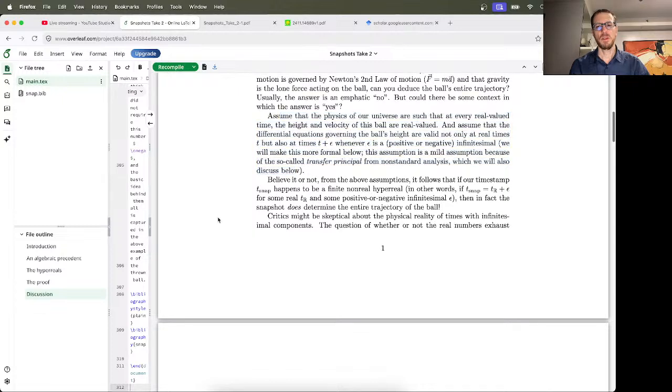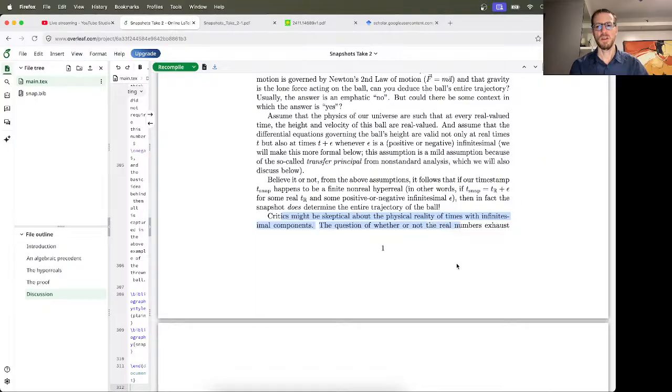Believe it or not, from the above assumptions, it follows that if our timestamp t snap happens to be a finite non-real hyperreal, in other words, if t snap equals t real plus epsilon for some real t real and some positive or negative infinitesimal epsilon, then in fact the snapshot does determine the entire trajectory of the ball. Critics might be skeptical about the physical reality of times with infinitesimal components.